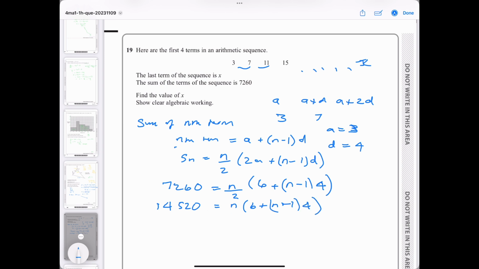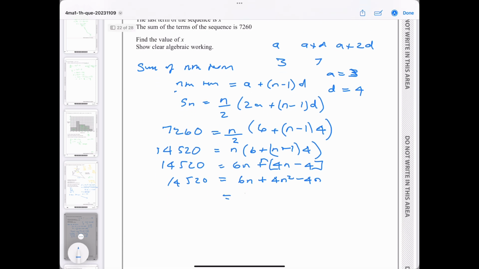Now I'm going to multiply out by n, so 14520 equals 6n plus 4n squared minus 4n.